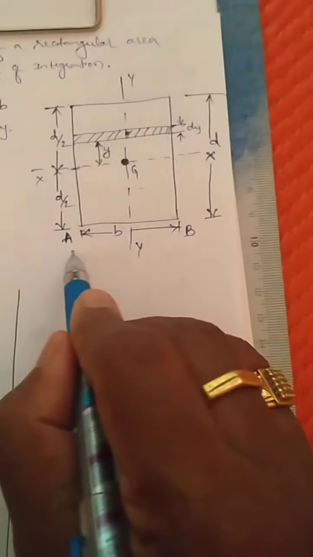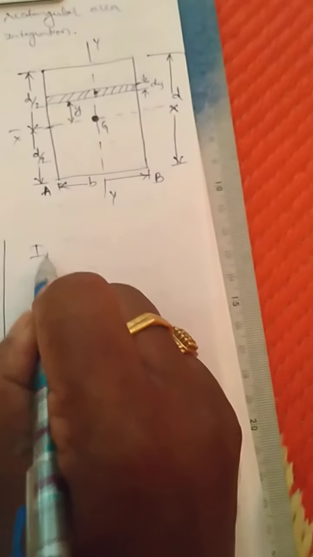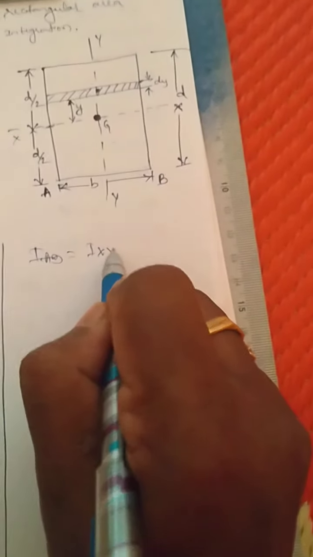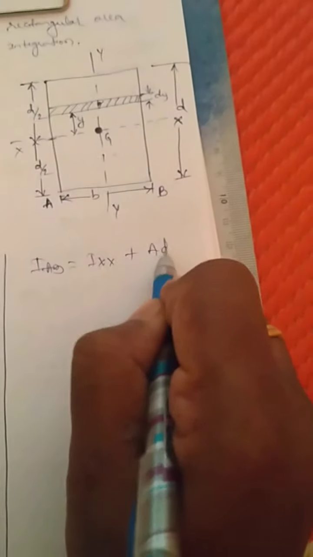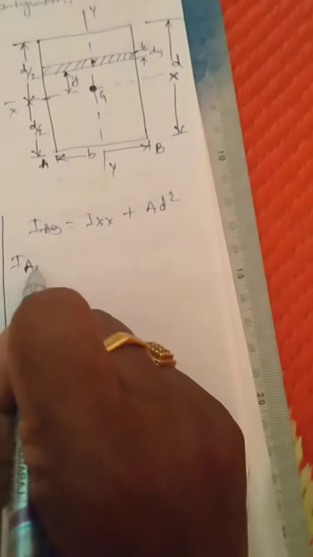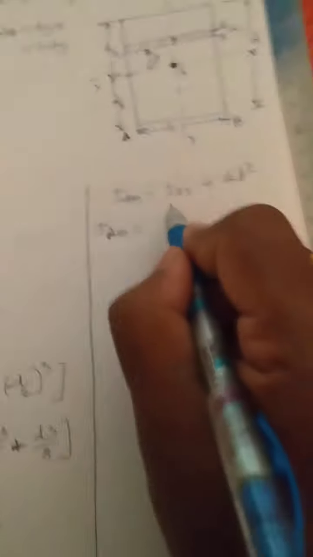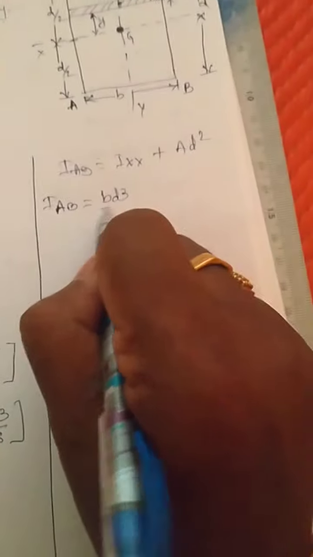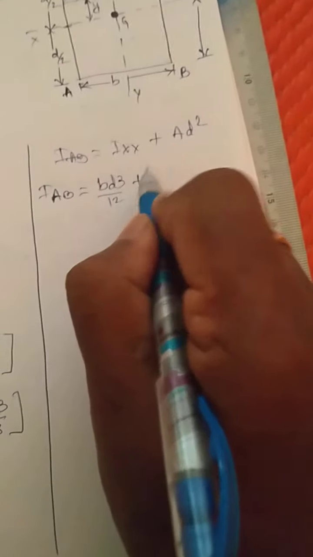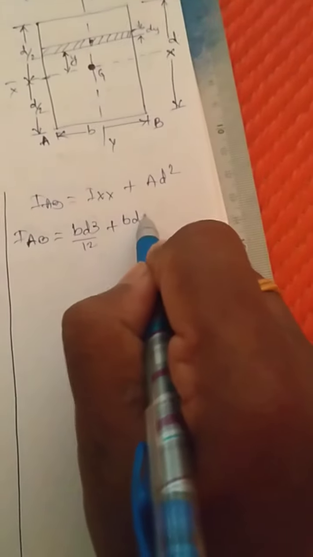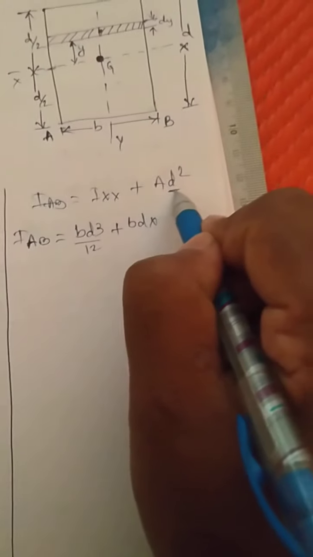But if I want to calculate the moment of inertia about the base of the rectangle, then IAB is equal to, from the parallel axis theorem, Ixx plus A d square. Now IAB is equal to, where Ixx is bd cube by 12, plus A, the area of the rectangle, that is b into d, into d square.